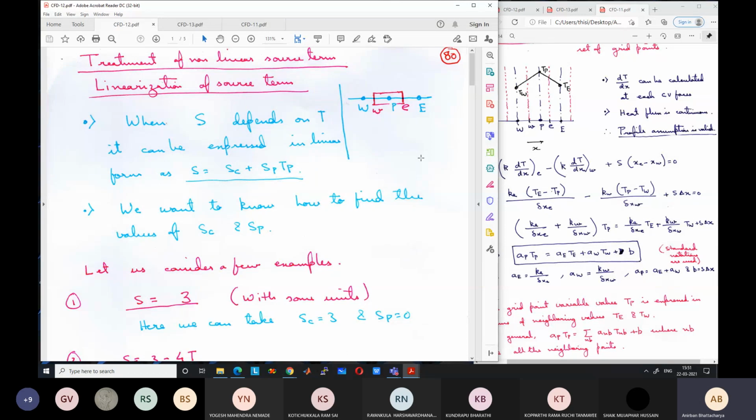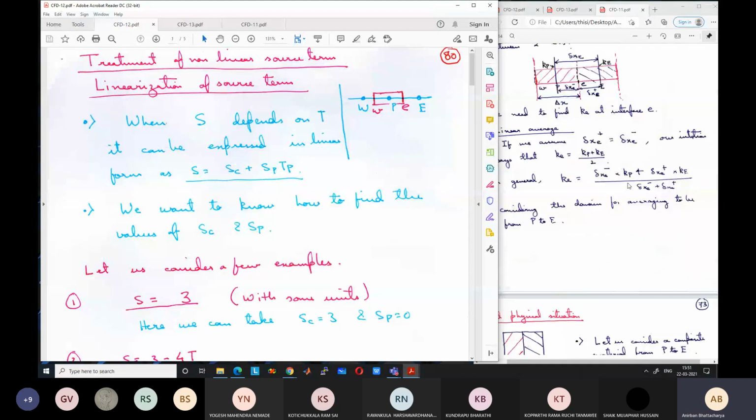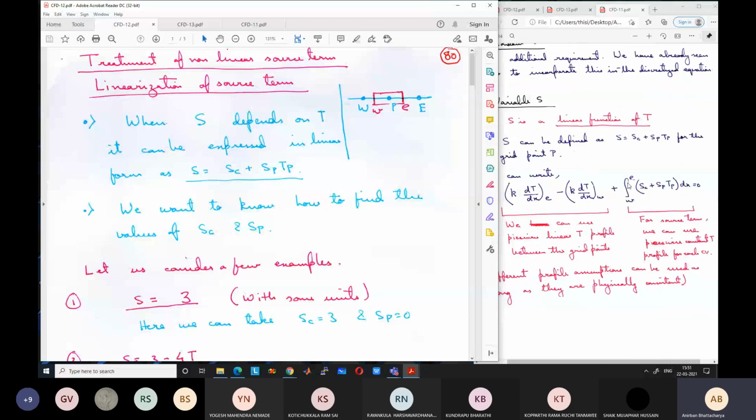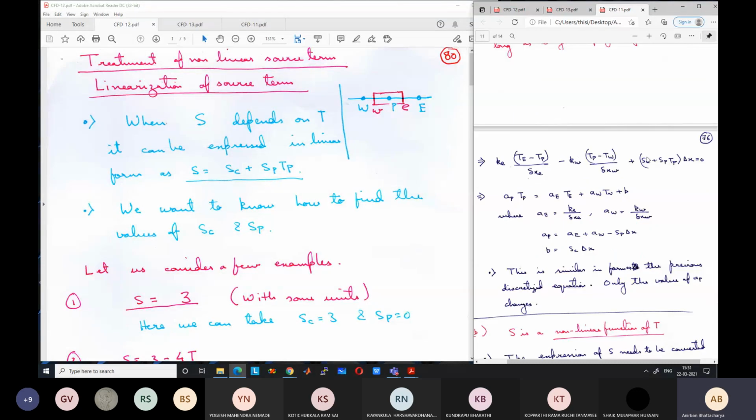So the general solution will be assuming a linear function of S. Why is it considered as a linear function of S? Because if we have a linear function of S, we can easily write the coefficients in this form where B has the constant term and the coefficient of the linear term is included in AP.